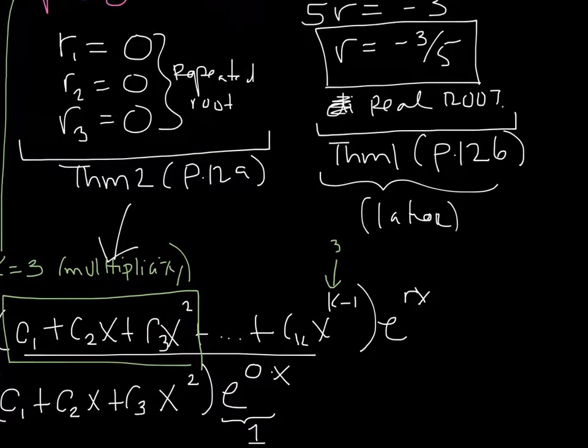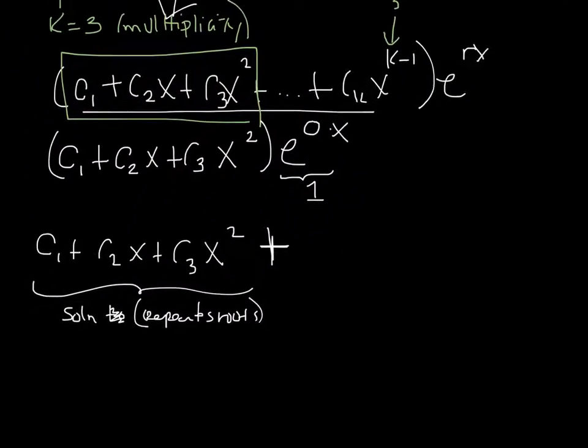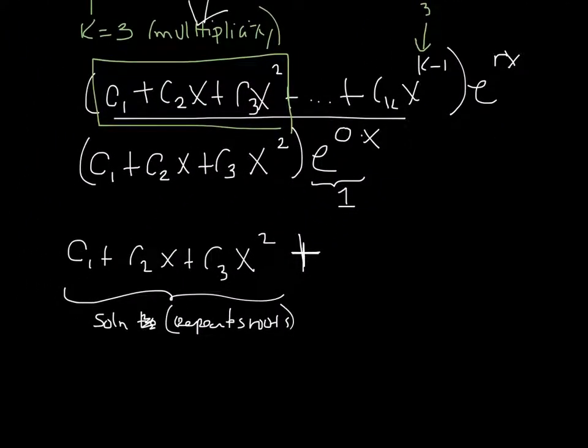Our distinct root was negative 3/5. So according to theorem 1, from 2.2, we know the distinct roots on page 126 give C1 e to the r1x plus C2 e to the r2x, and so forth. Well, there's only one distinct root here, and since we used C1, C2, C3, in this case it'll be C4, e to the rx, and what's my r?